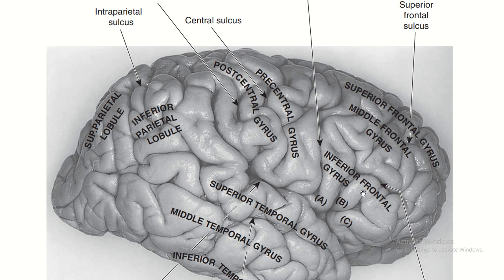What is important is to understand that the inferior frontal gyrus is divided further by the rami coming from the lateral fissure, which are the ascending ramus and the anterior ramus, into A, B, and C. A being your opercular, B being your triangular, C being your orbital. The A and the B of the inferior frontal gyrus will become Broca's area that is involved in motor speech. Everything that is concerned with your speech comes from your Broca's area, which is your opercular and your triangular.